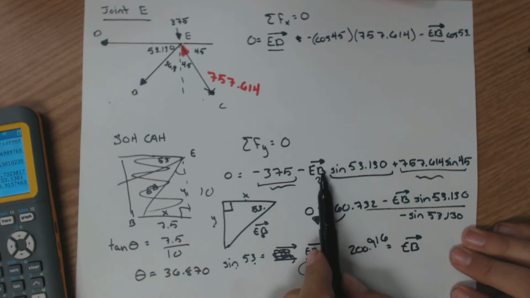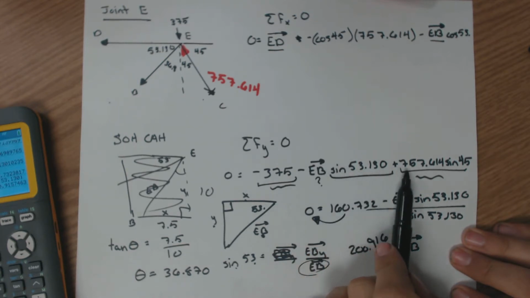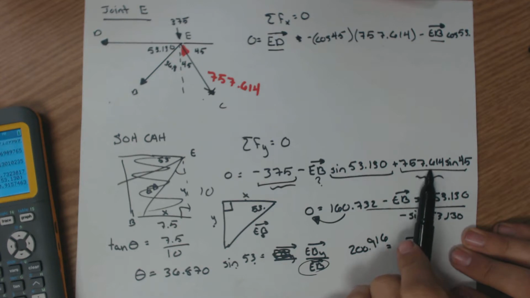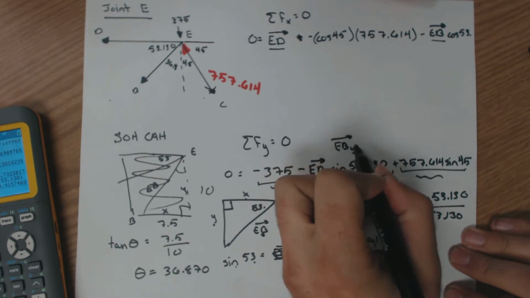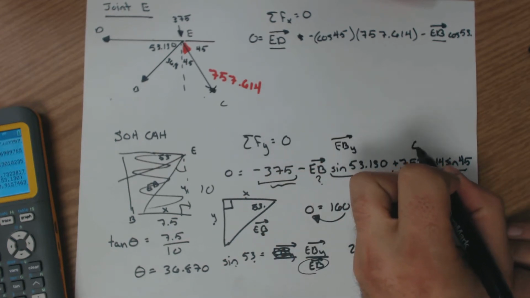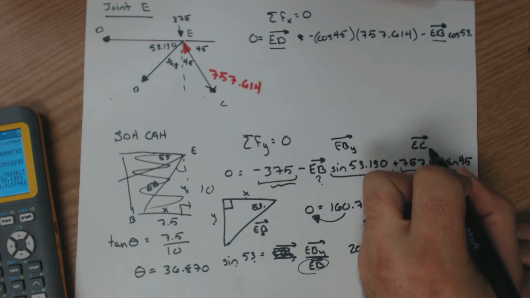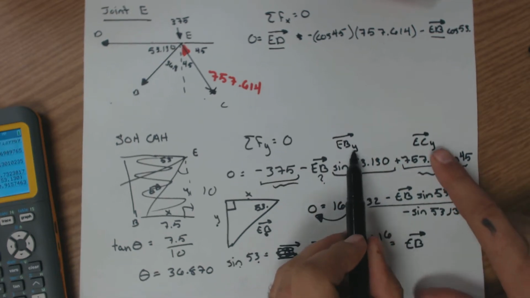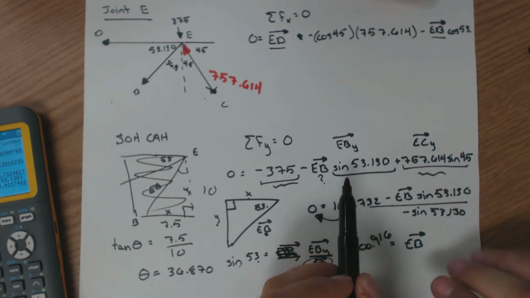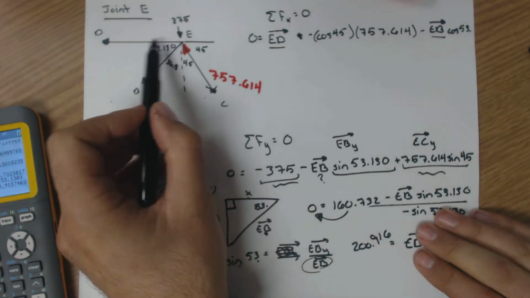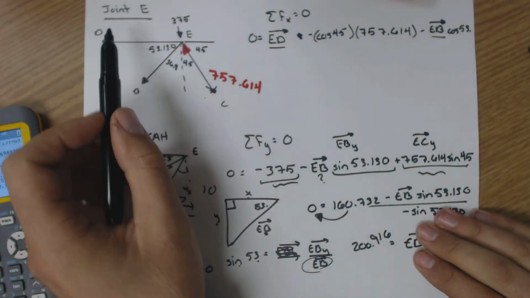Okay, both of these, EB has a y component, and this one is CE, its y component. I'll write that up here. EB in the y, and this is EC in the y. Since I'm doing y's, I have sines. That's true as long as I continue to reference my x-axis, this horizontal axis.